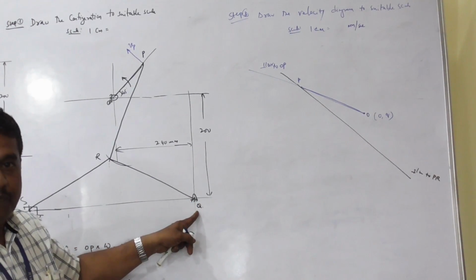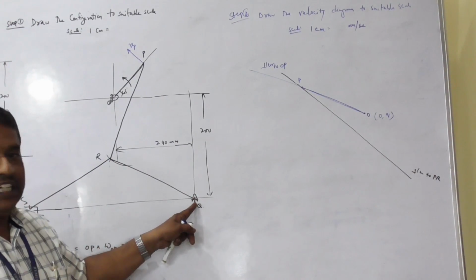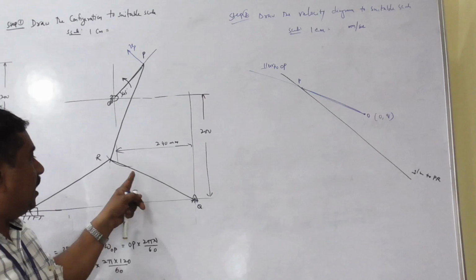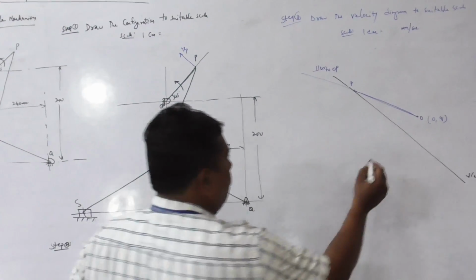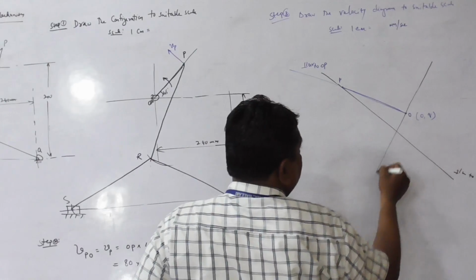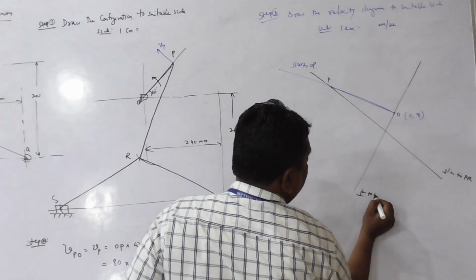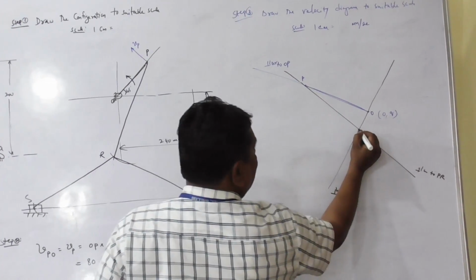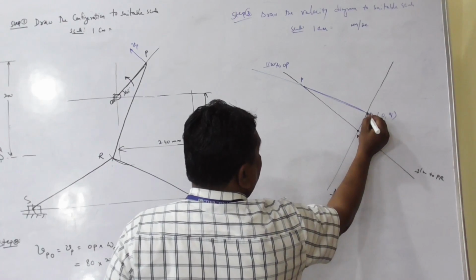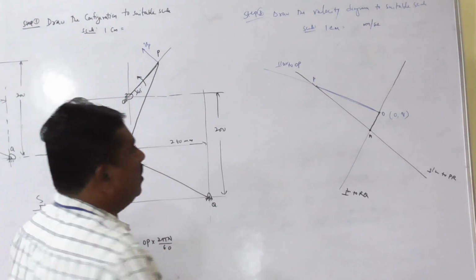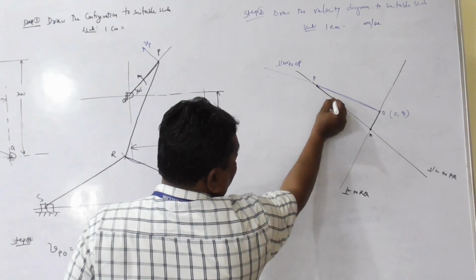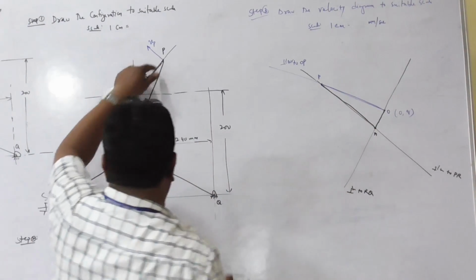Since Q is a fixed point, velocity of R with respect to Q becomes absolute. Therefore, through the pole, draw a line perpendicular to RQ. From these two intersecting lines I get r. Vector or represents the velocity image of RQ. Vector pr represents the velocity image of link PR.